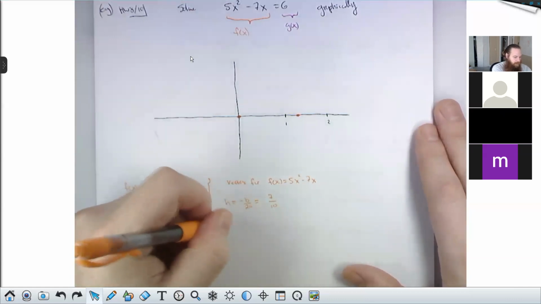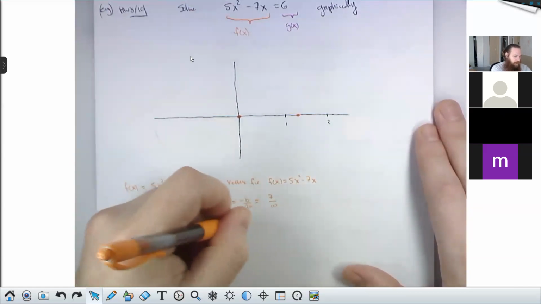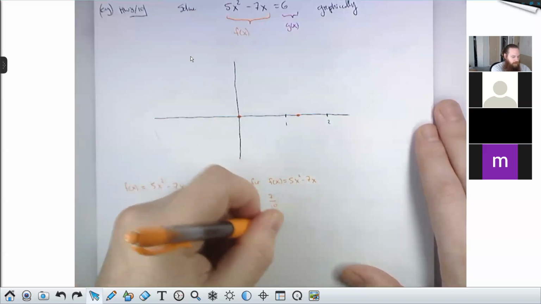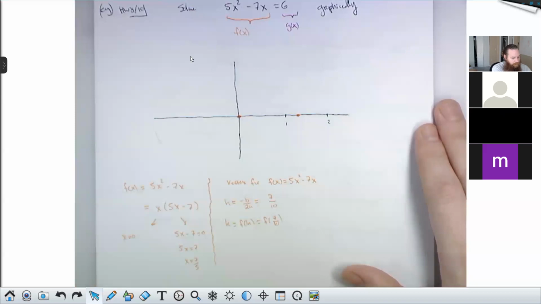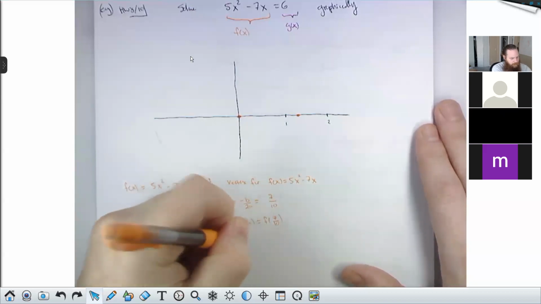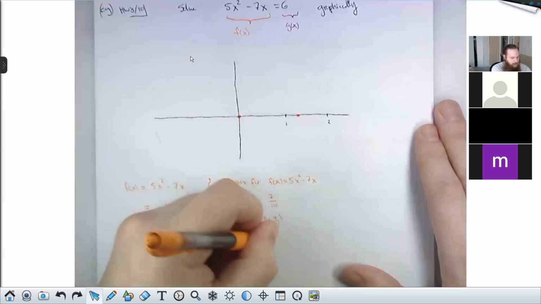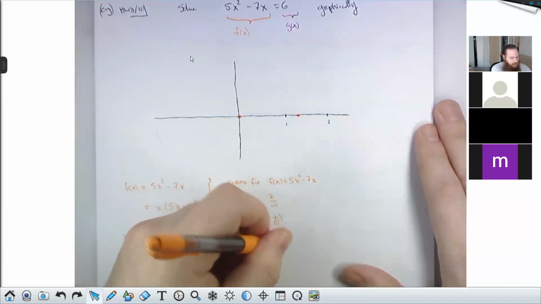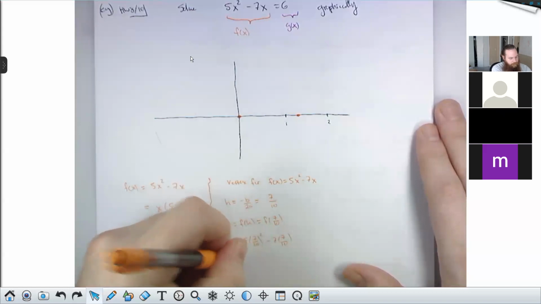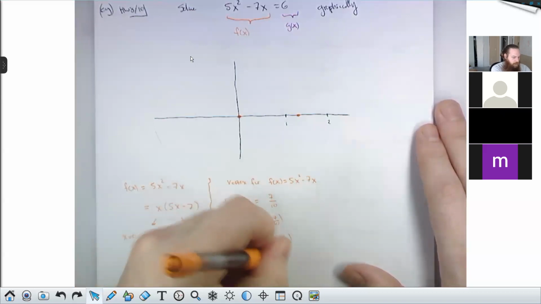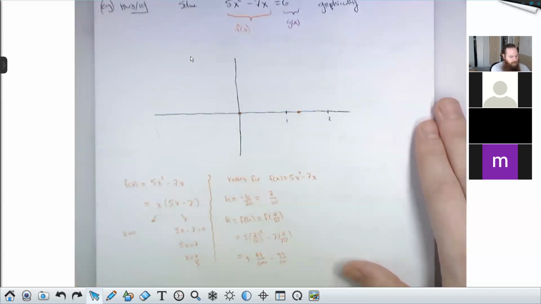And then k is always calculated by plugging in f of h, which is f of 7/10. It's not a nice number. This is 5 times 7/10 squared minus 7 times 7/10, which is 5 times 49 over 100 minus 49 over 10.